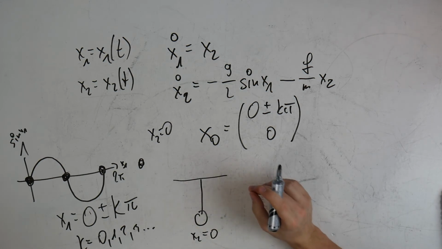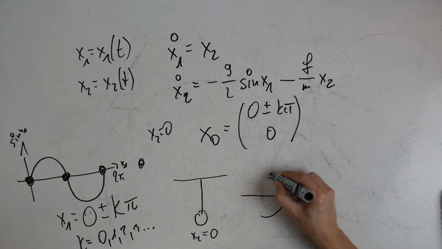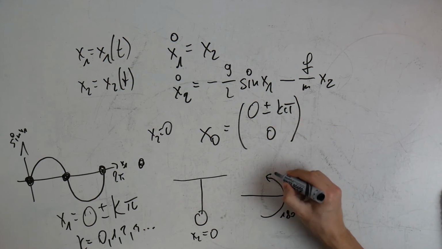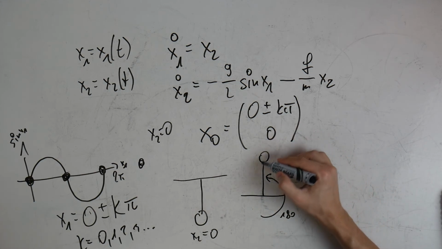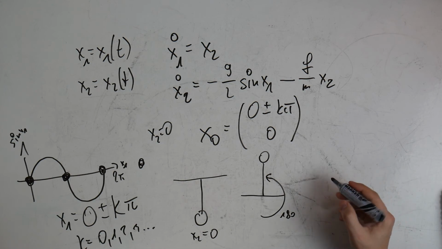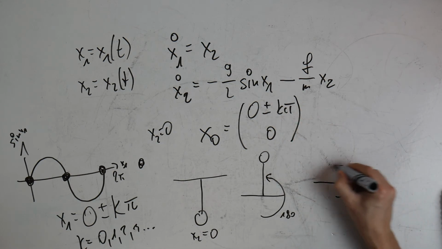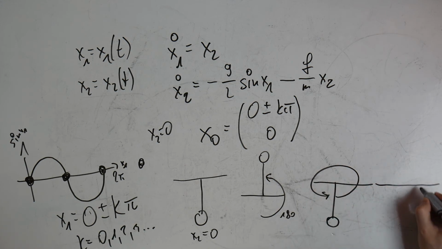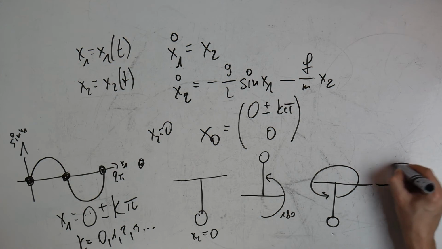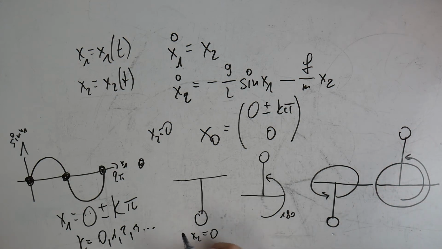This is my first equilibrium. Then I have plus k pi, plus 180 degrees. That's my second equilibrium point, and of course not moving, velocity 0. Then my third one is 2 pi. That's my third one. Then I'm going like this, that's my fourth one, and so on.